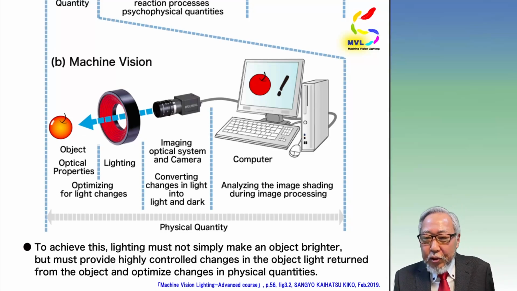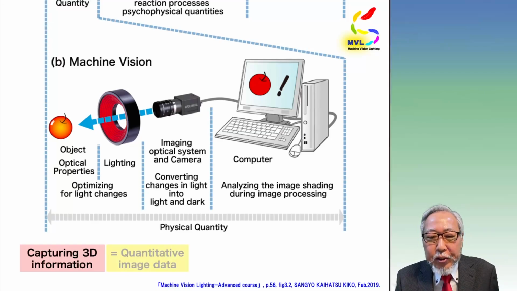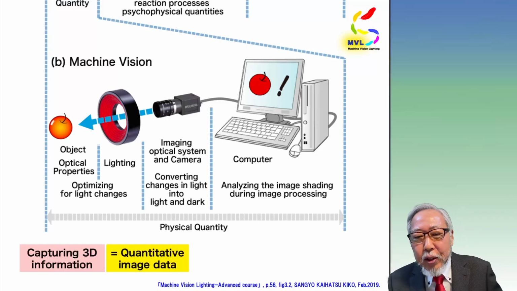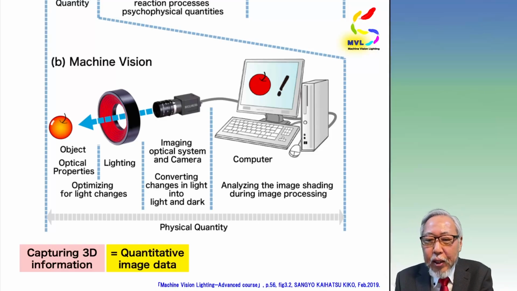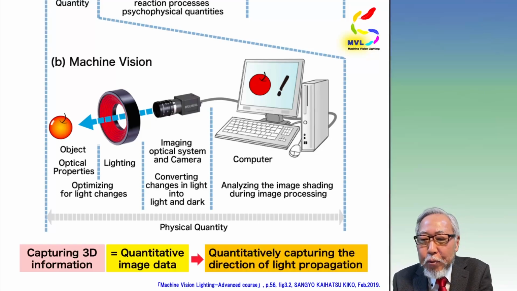Therefore, it is necessary to capture 3D information, which is usually called quantitative image data, but this is the opposite. If you obtain quantitative image data, you can also reconstruct 3D information from it. And what this means is that you need to quantitatively supplement the direction of light propagation.